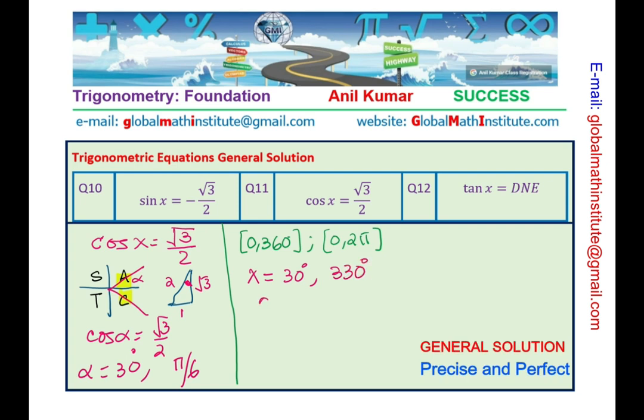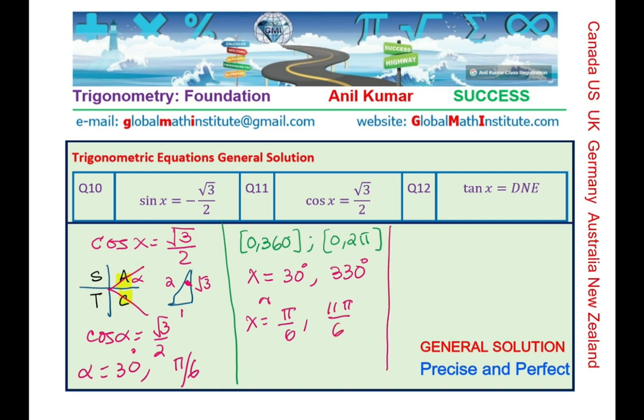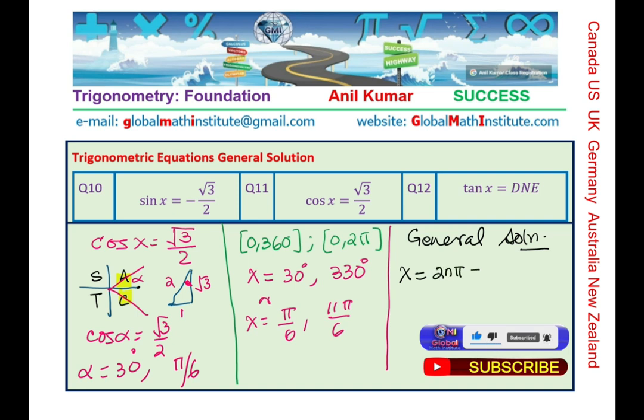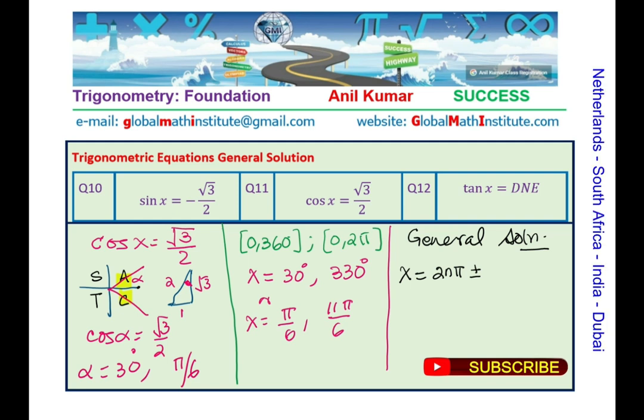Or you write x equals pi by 6 and 11 pi by 6, correct? Okay. Now, maintaining our format, the general solution will be what? As I was saying, from here we have to add and subtract alpha. So x will be equal to 2n pi plus and minus alpha, which is pi by 6.